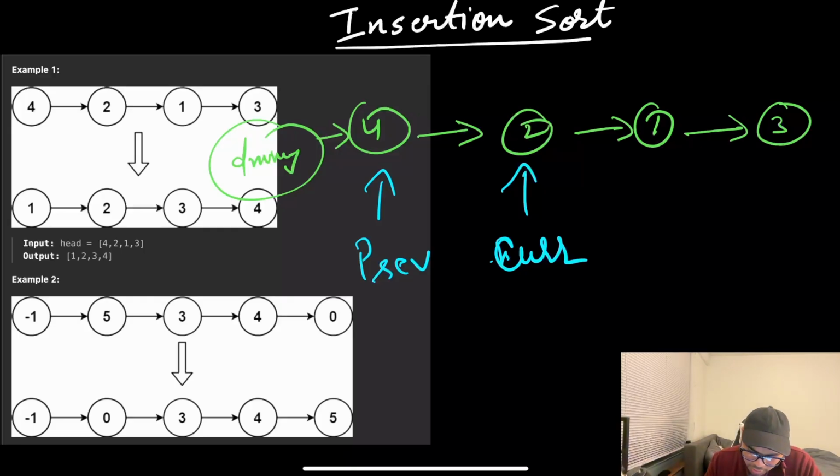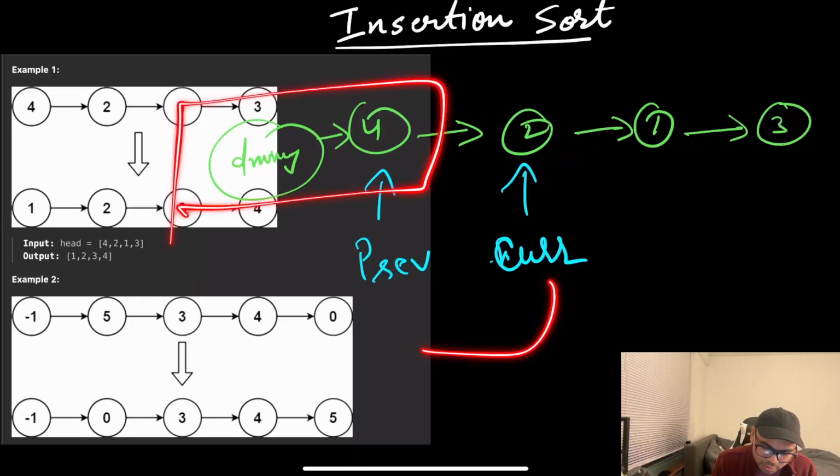Now, if this is the sorted part, then we're going to keep checking if this element is smaller than my current number. Is this smaller than my current number? It is not. Then what's going to happen? We will find the right place of this element in the sorted part.